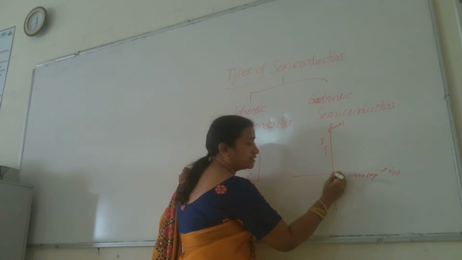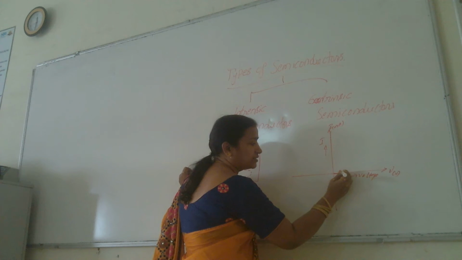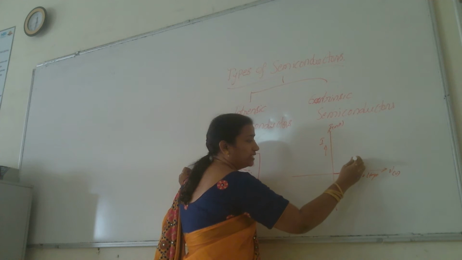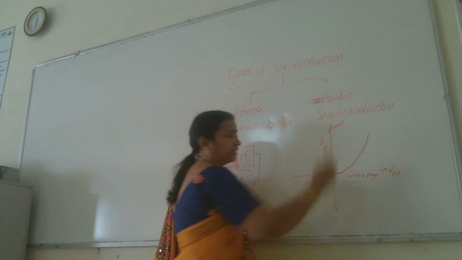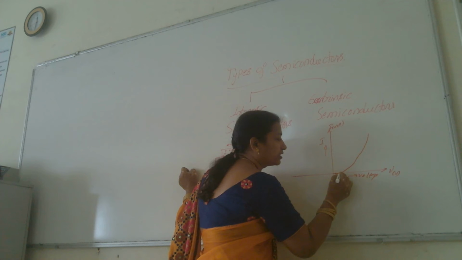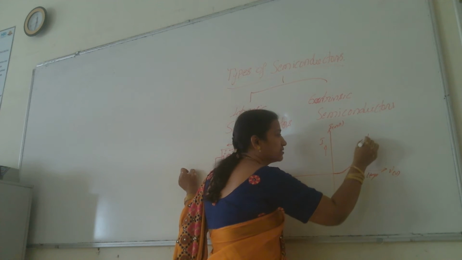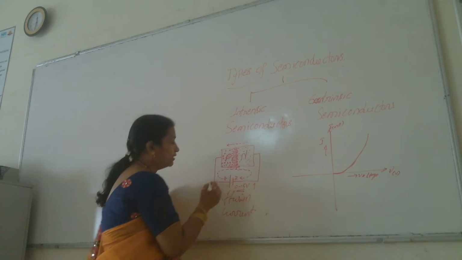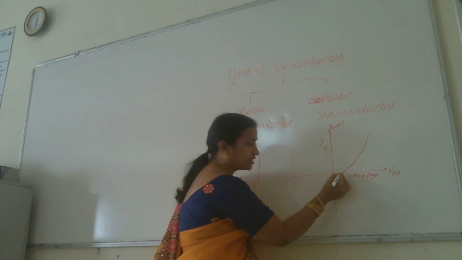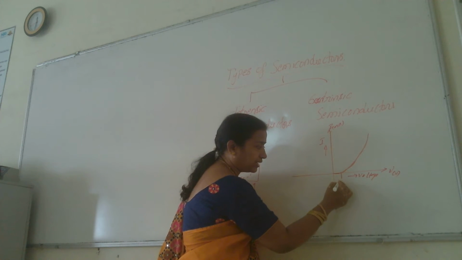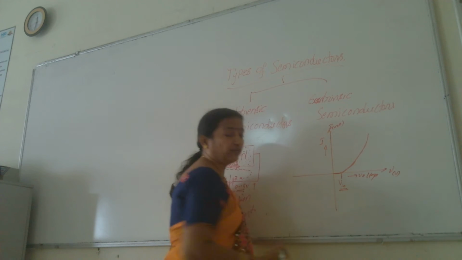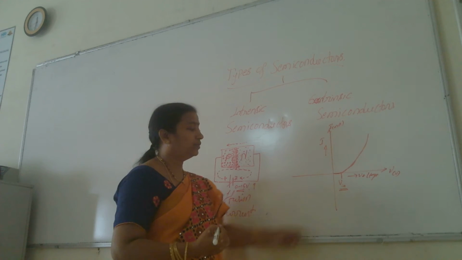After crossing this, it starts to have some current flow through the junction, which we represent like this. This particular voltage we call V-in, or V cut-in, the cut-in voltage of the diode.